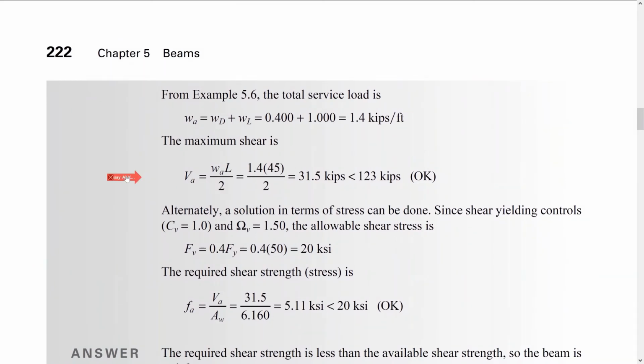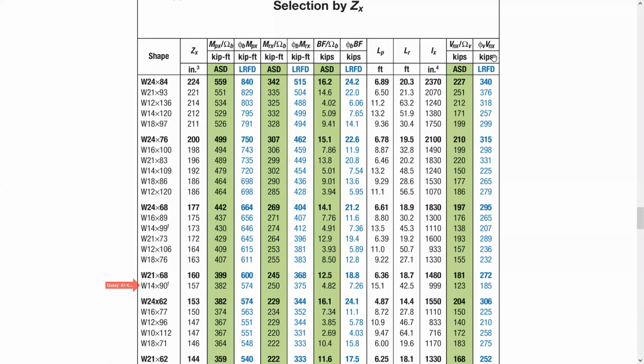And if you go to table 3.2, guys, you will see that you can get these values directly from there. Let me show you that in a short moment. In this table, which is 3.2, this is our cross section, wide flange W14x90.